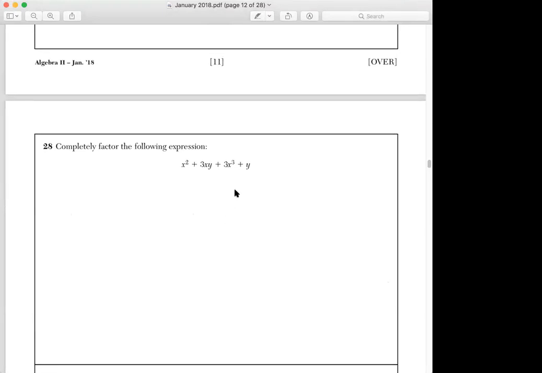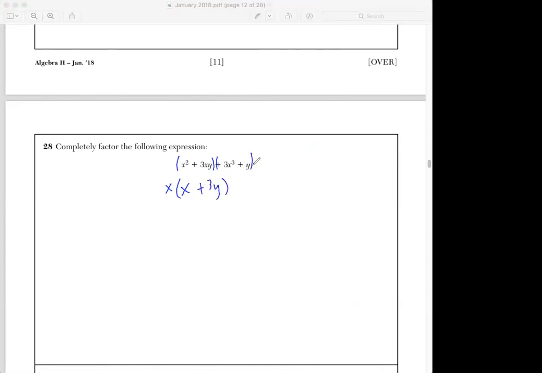Completely factor the following expression. Probably with 4 terms, so we're likely going to use grouping. We could factor out an x, and this can be an x plus 3y. And here we can't factor anything out, so we can rewrite this.